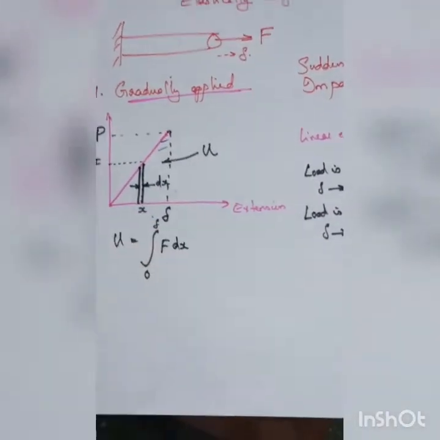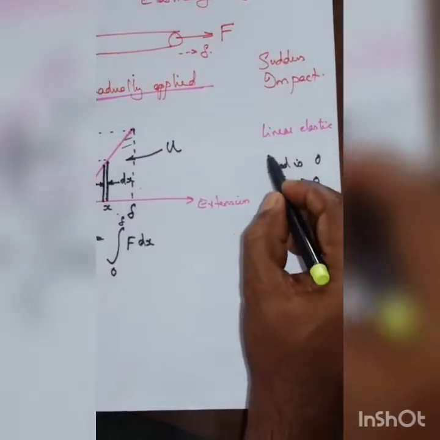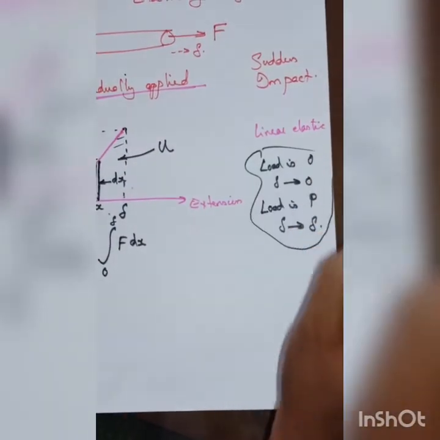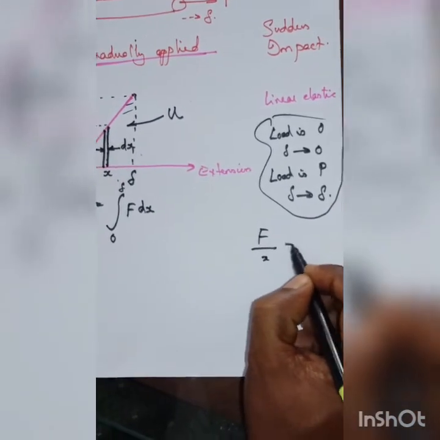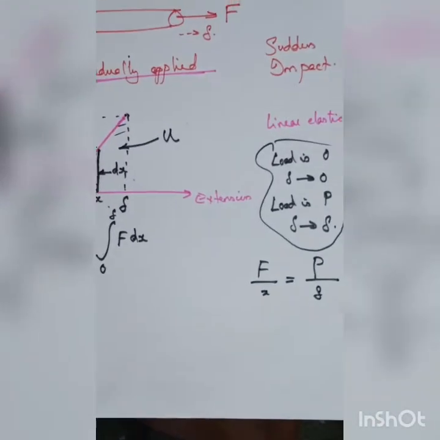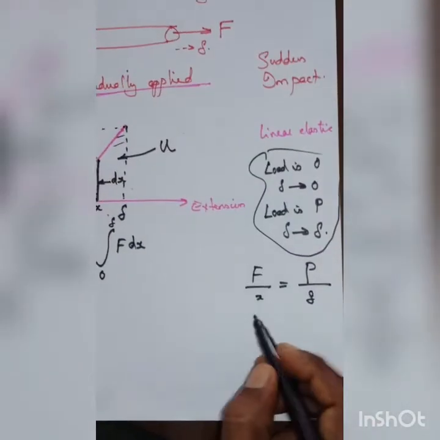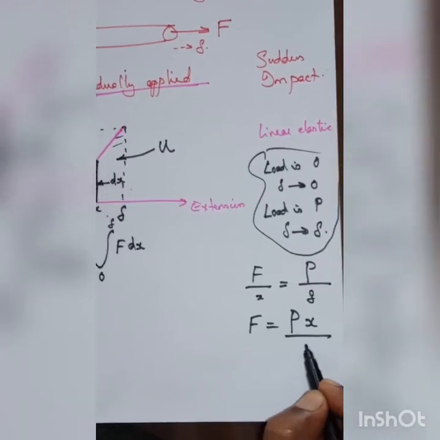Based on the figure, we can say F by x equals P by delta. So F is equal to P x by delta.